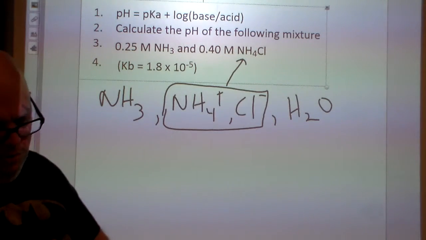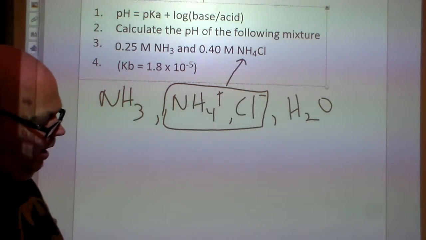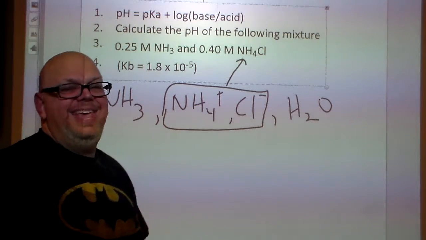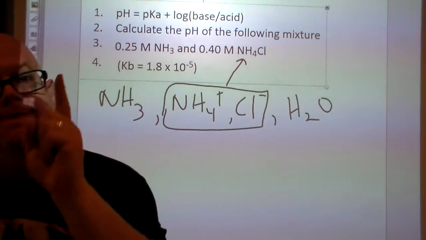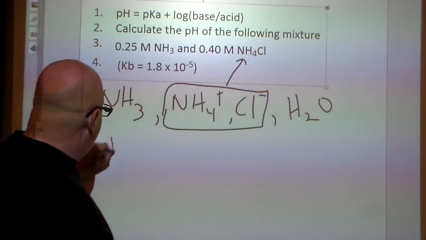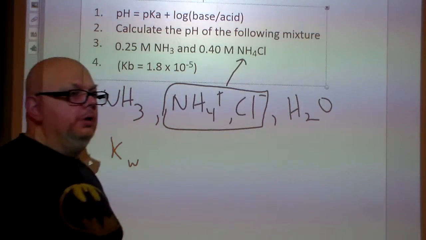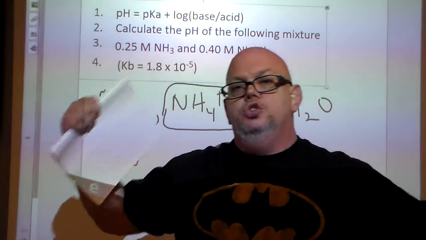How do we go about doing this? Well, there's a couple of things that we need to know. First off, how in the world do we get the Ka? They gave us the Kb, but we can find a way to get the Ka, and there is a formula for that. There is the dissociation constant of water. If you look at water in a glass, you're going to find that it's not all H2O.